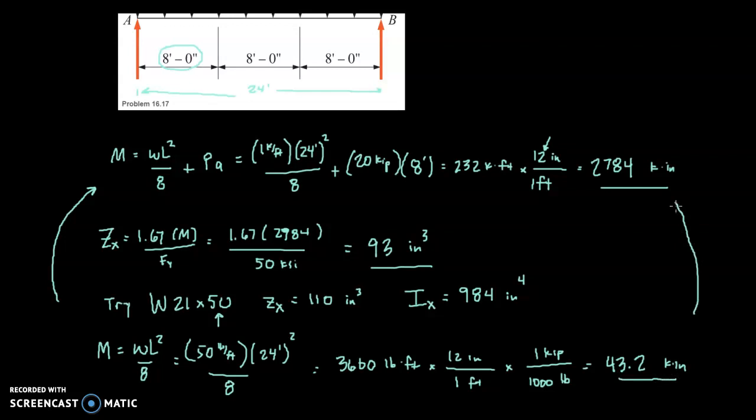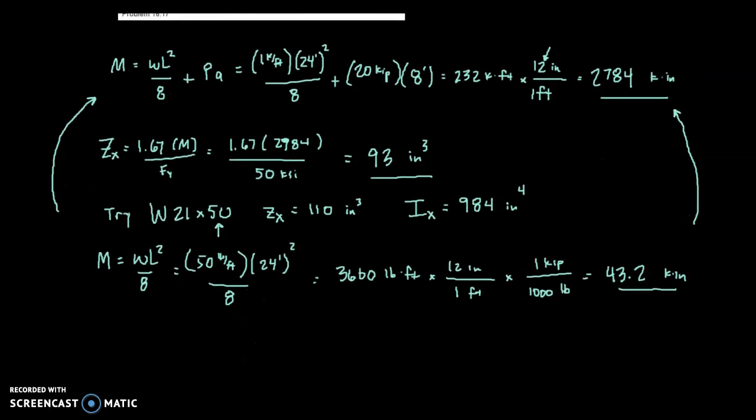So what I was saying earlier is I can either take this additional moment from the self-weight and add it to the original moment we calculated and find a new Z sub x, or just take this moment by itself and calculate how much additional section modulus is going to be required for the self-weight, and then add it to the original requirement of 93.